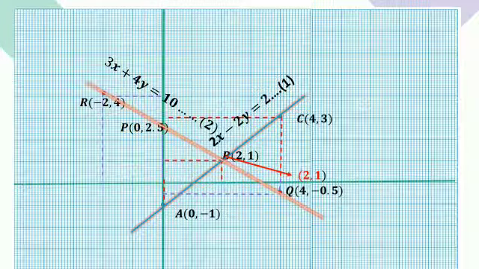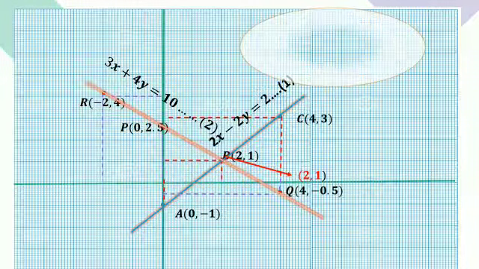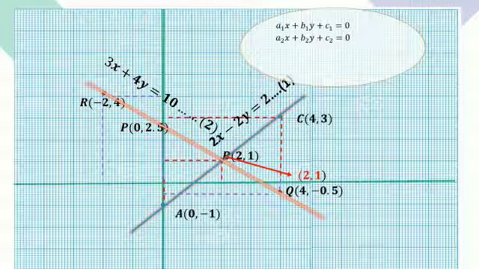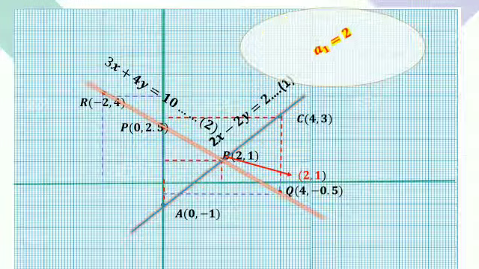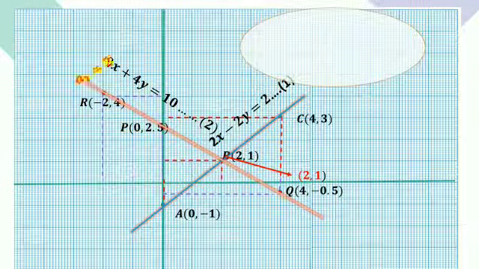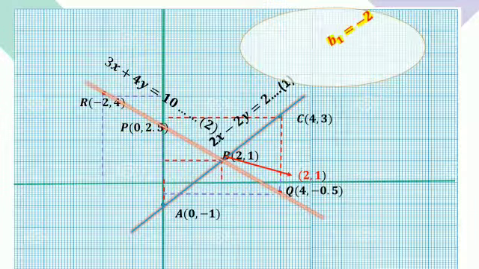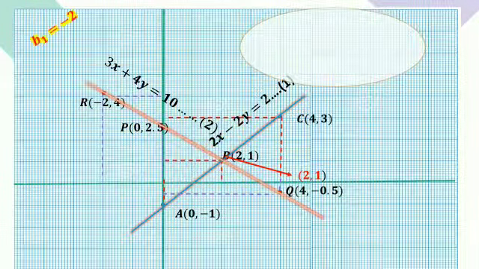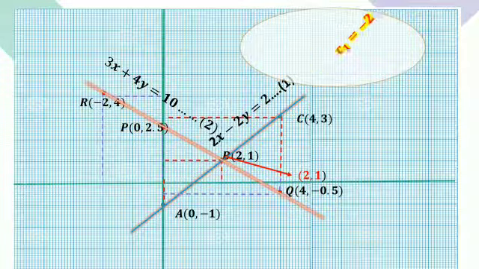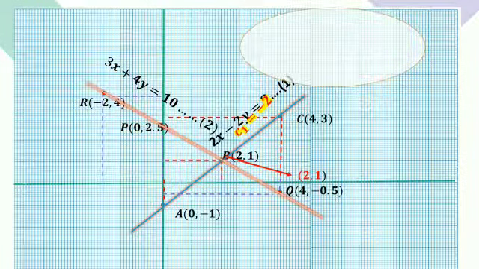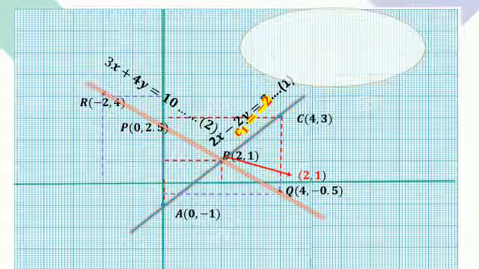Now we have the equations in the standard form. If not, you have to write them so. Where a1 is equal to 2, b1 is equal to minus 2, sorry, many mistakes I have made, very sorry. c1 is equal to minus 2.